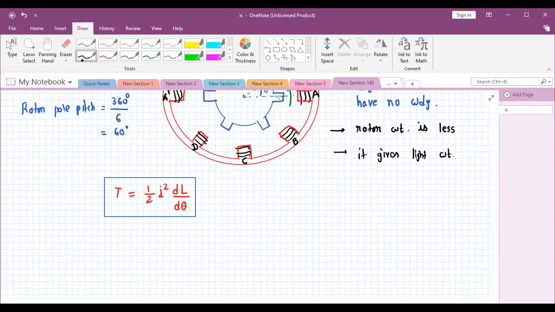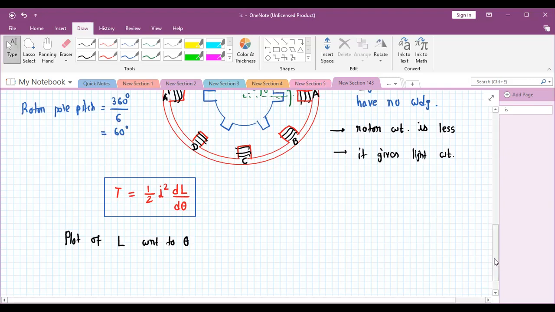So here we are plotting. What is the pole pitch in this case?